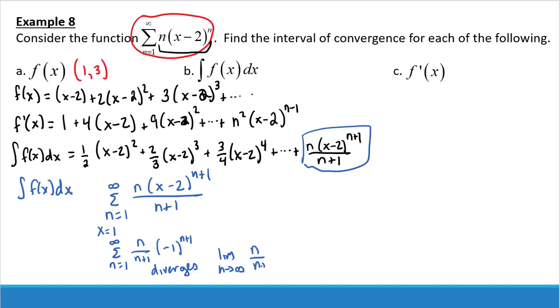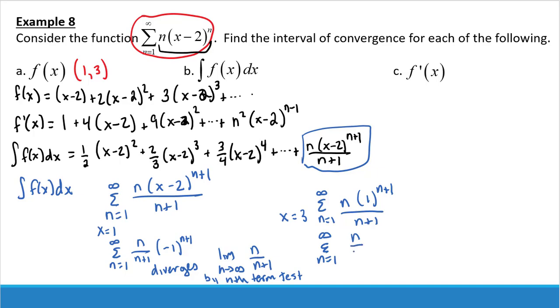Okay, so now I check x equals 3. When I plug in 3 for my x, I get this, which we know also diverges by the nth term test. Okay, lastly, again, my interval of convergence is that.